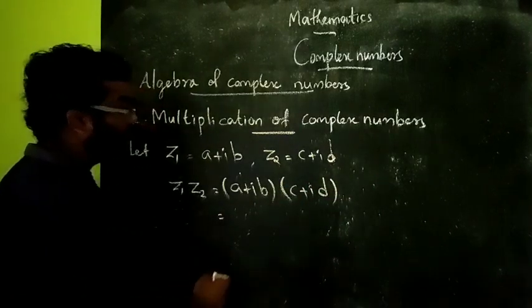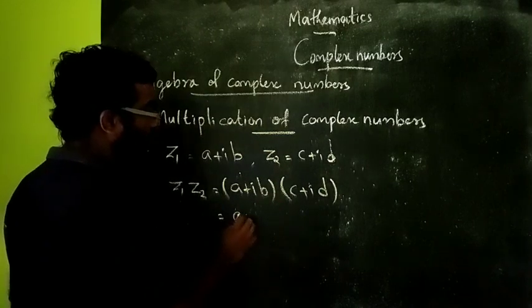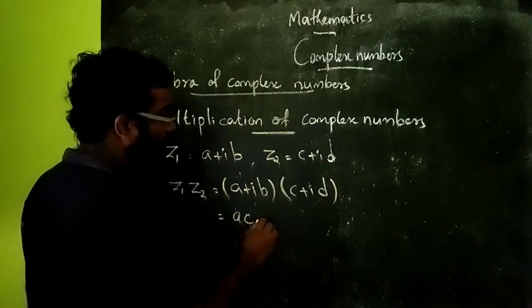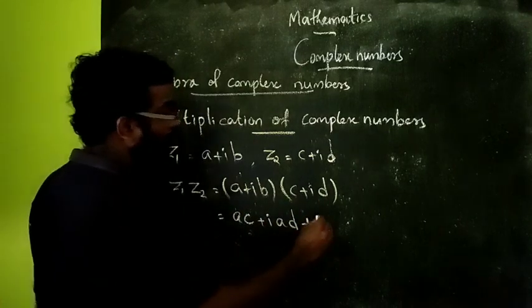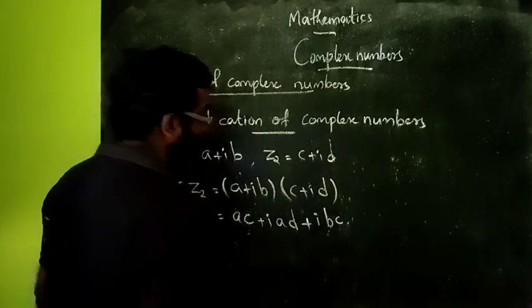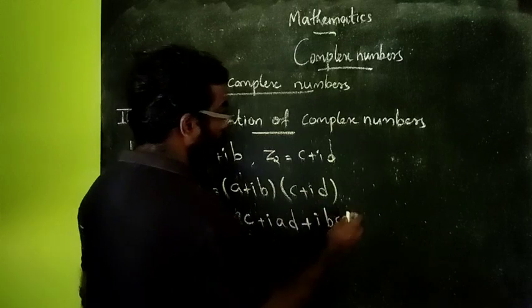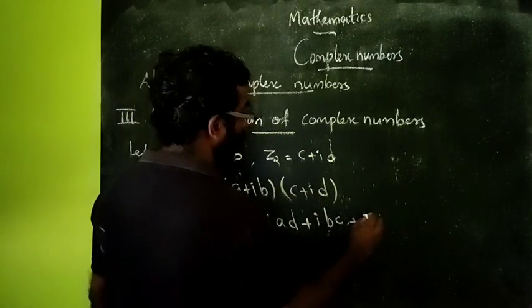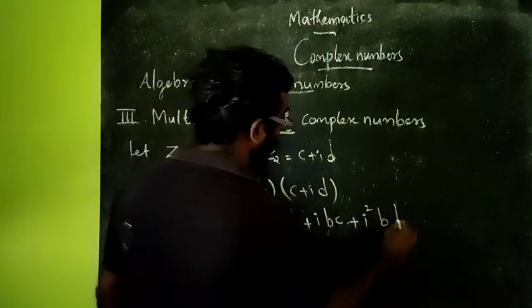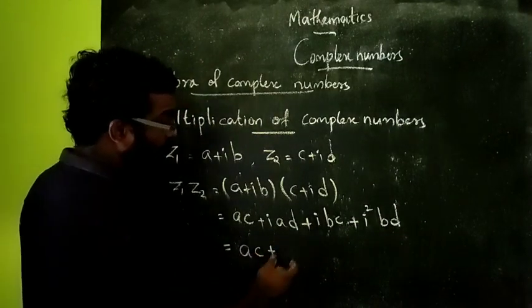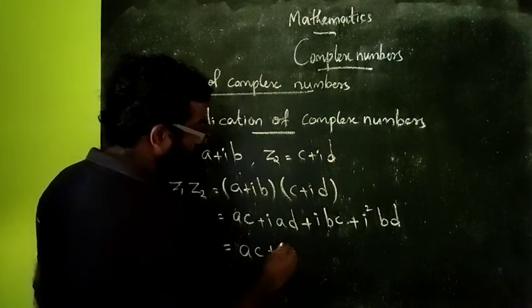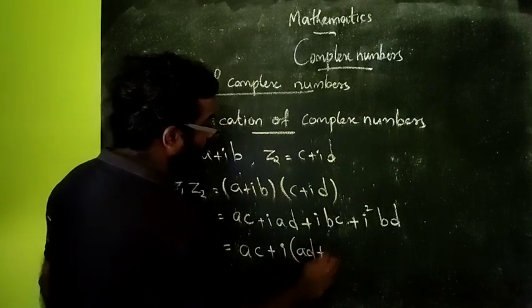We can find the product: a into c, ac; a into id, that is iad; then ib into c, ibc; then ib into id, that is i square bd. That is ac plus, in these two terms i is common, so i into ad plus bc.